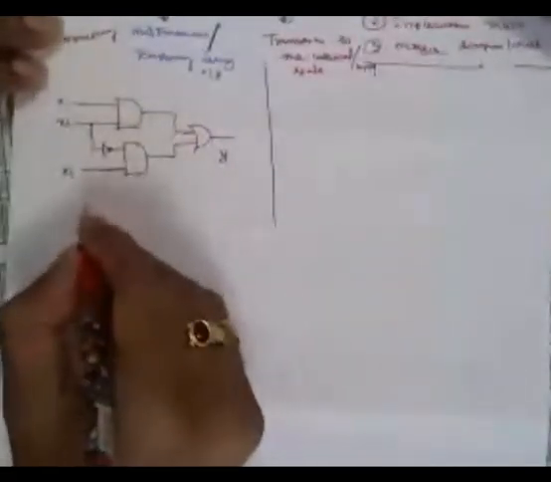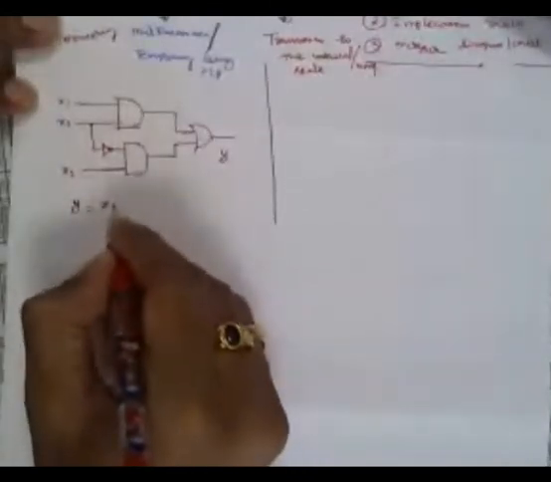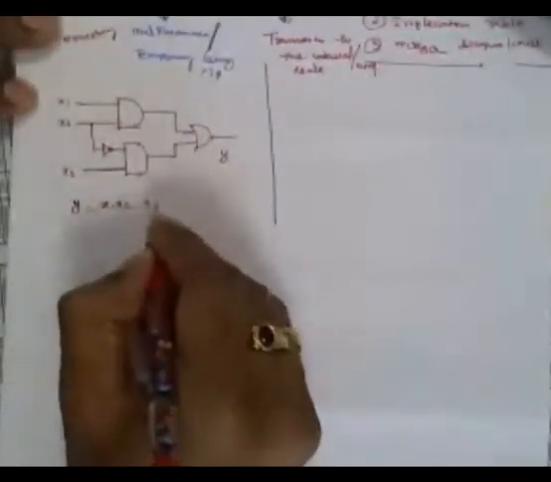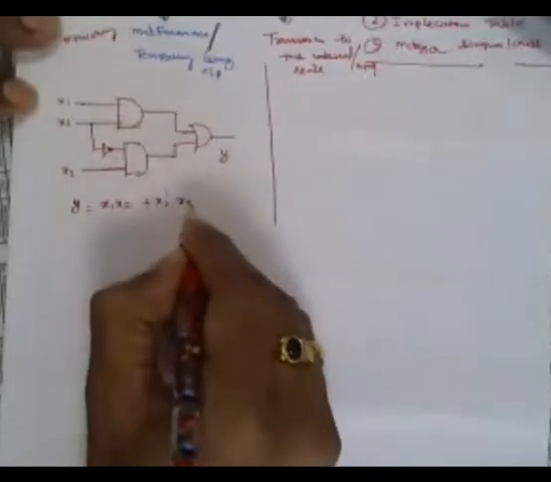This is a combinational circuit with 3 inputs and 1 output. The logical equation for this output is Y equals X1 X2 plus X2 dash X3. This is the output of this circuit.